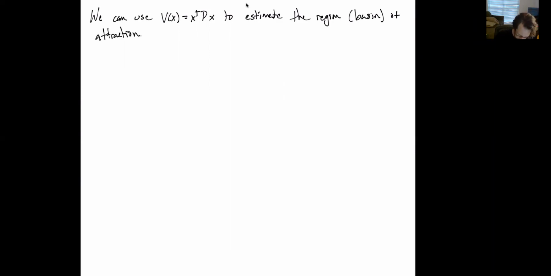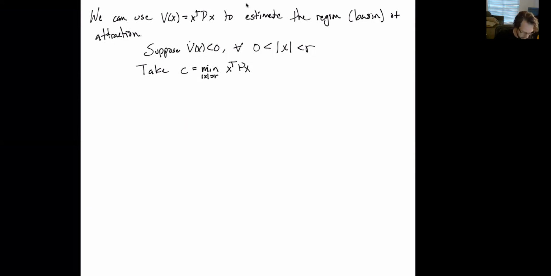All right, now how do we do this? Suppose V dot hat of x is less than 0 for all x with norm of x less than some value r, and then we can take c equal to the minimum of x transpose P x for norm of x equal to r.